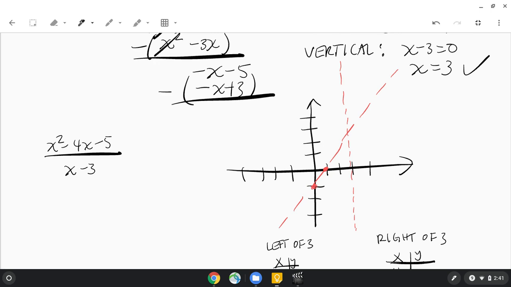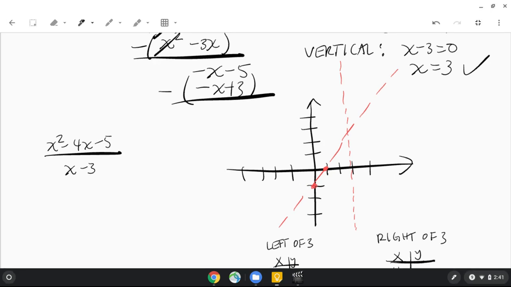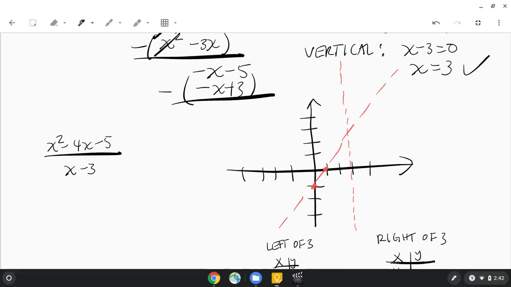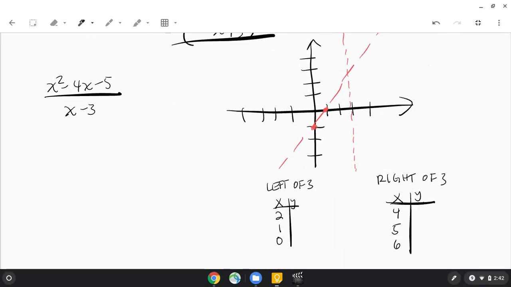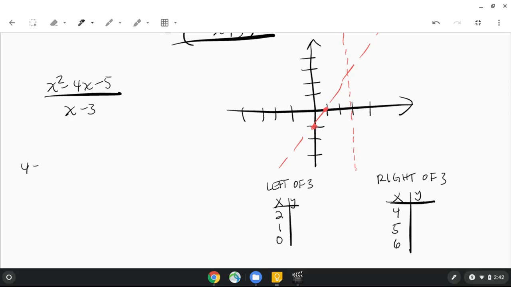Okay, so that's my original function. Okay, 2. So I get 2 squared, which is 4, 2 times 4 is 8, minus 5, and 2 minus 3 is -1.